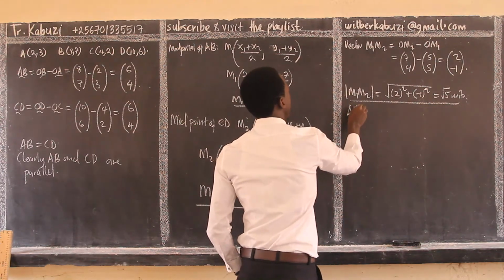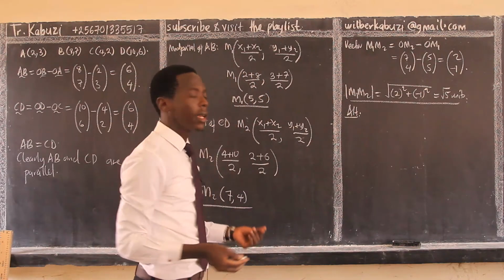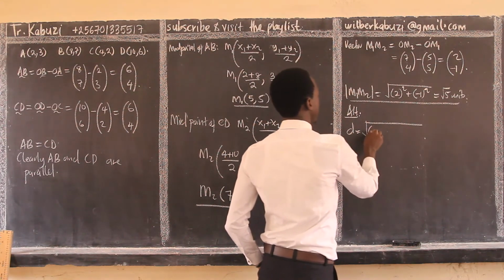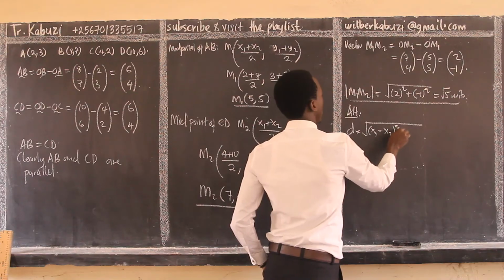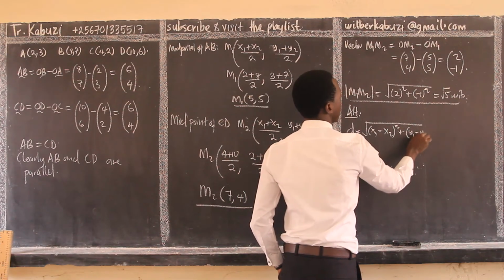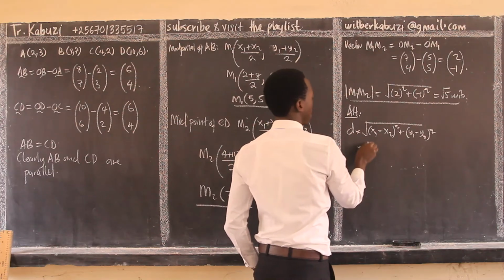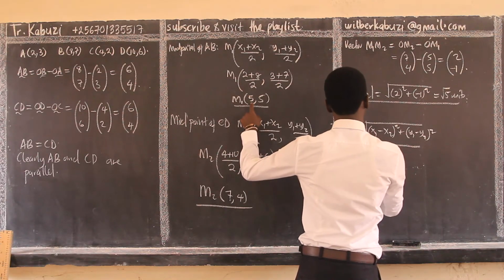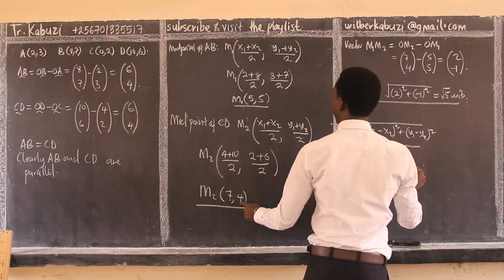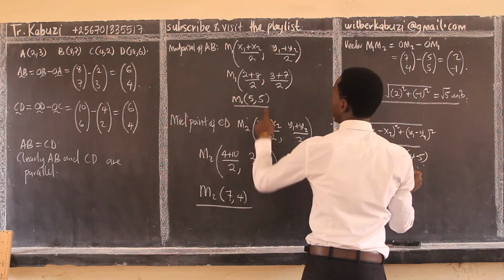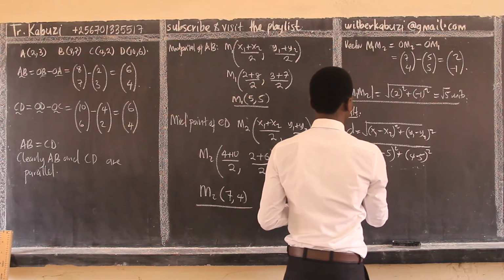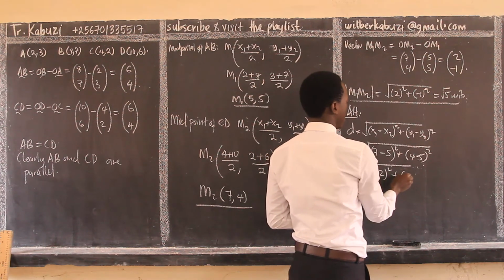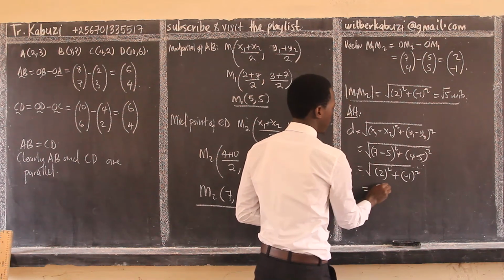Or alternatively, someone can say they want to use the algebraic method of getting our distance, which will be equal to the square root of (7 minus 5) the whole squared plus (4 minus 5) the whole squared, which will be 2 squared plus negative 1 squared, which still gives you root 5.